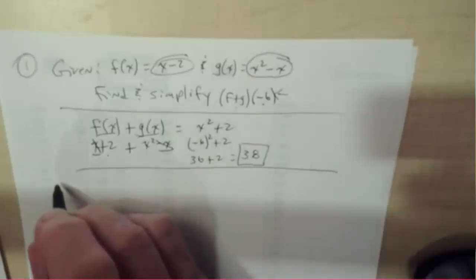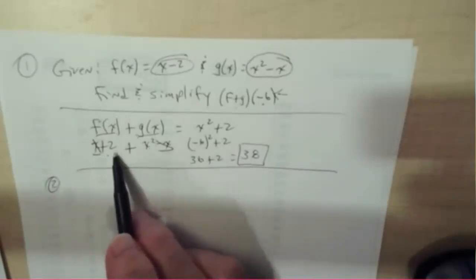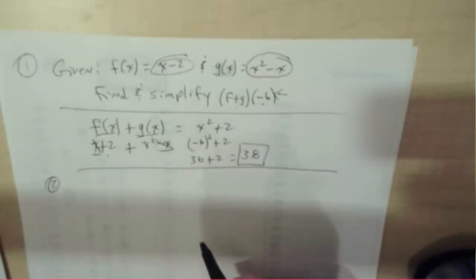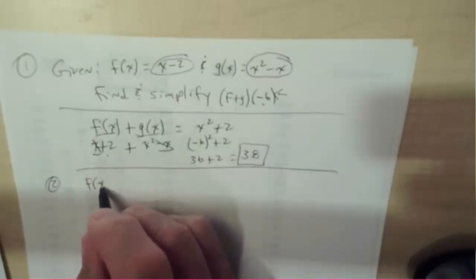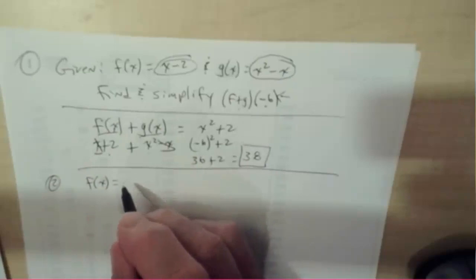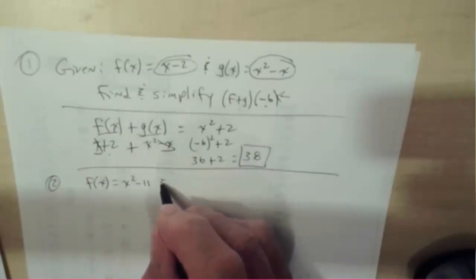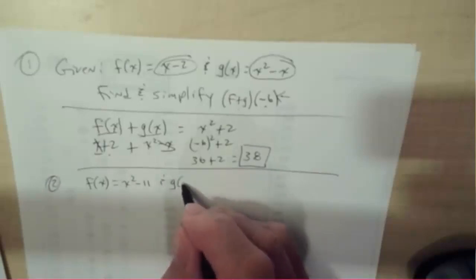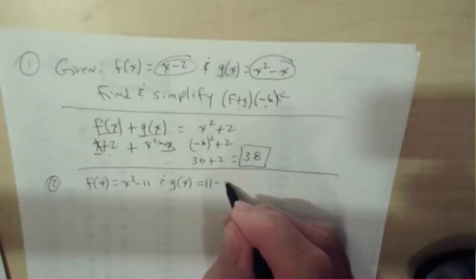Now, number 2, basically the same problem. We have f of x equals x squared minus 11 and g of x equals 11 minus x.